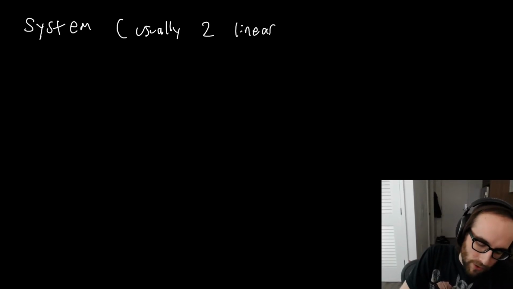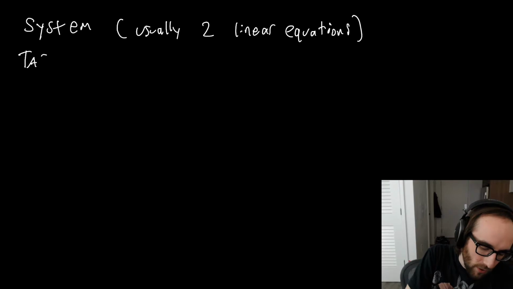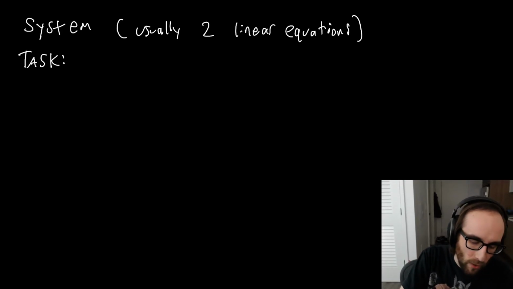Scroll down a bit. Okay, so as I mentioned earlier, a system of equations just means we have more than one. So usually we'll be looking at 2. And in Algebra 1, we're just going to look at linear equations. So we're given 2 linear equations. And our task when solving a system of equations is to find the solution.